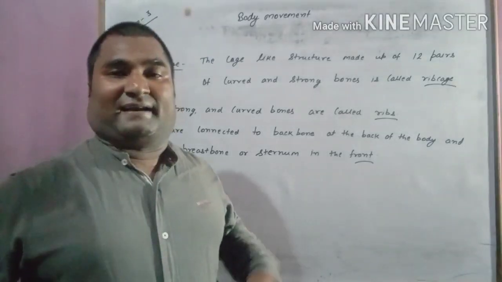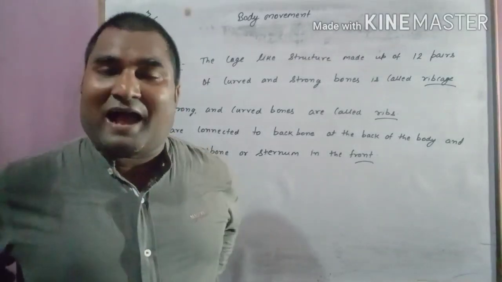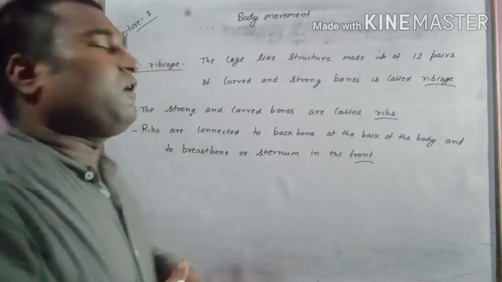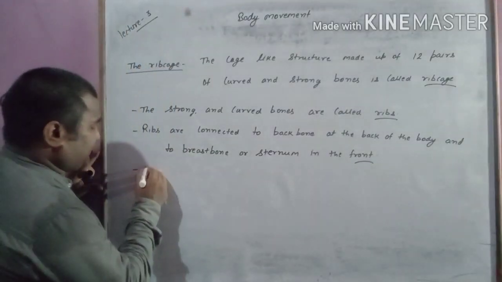The last two pairs, which are connected only to the backbone and not to the sternum, are called floating ribs.